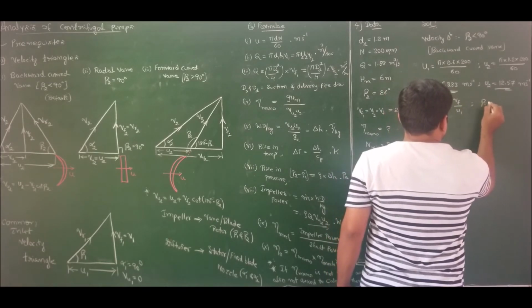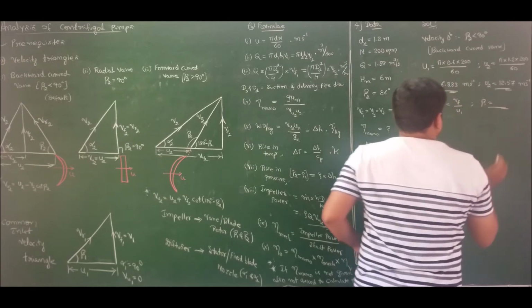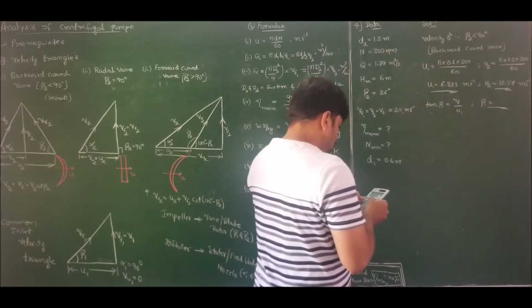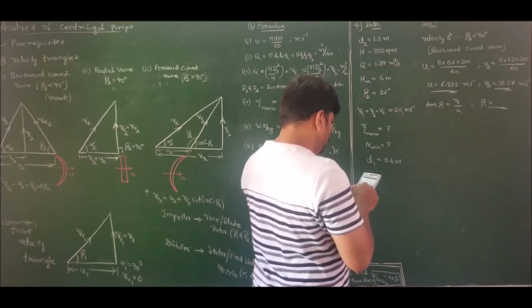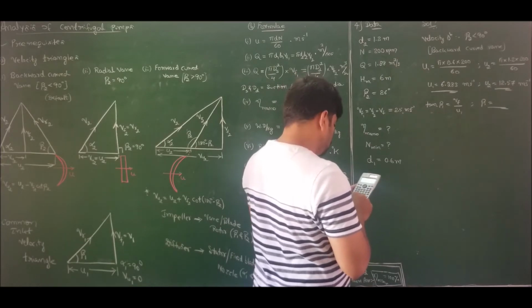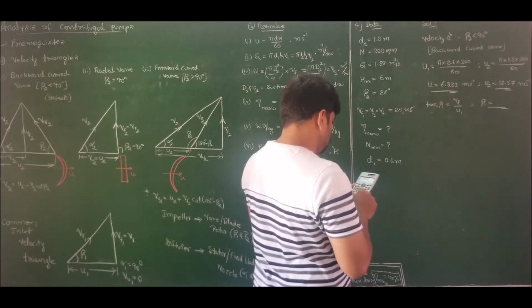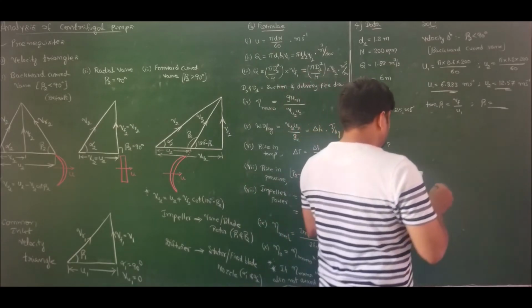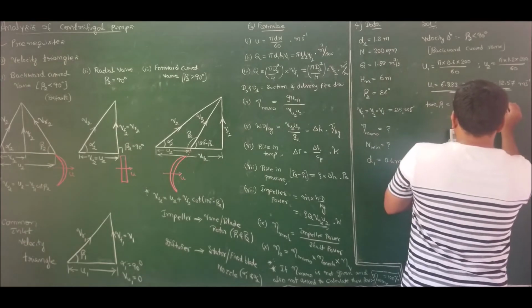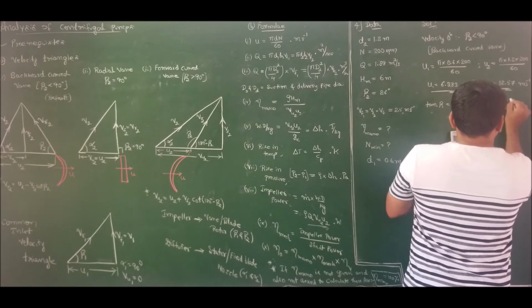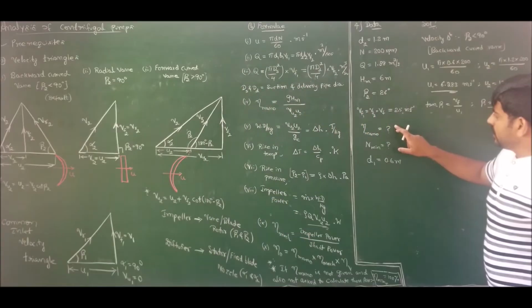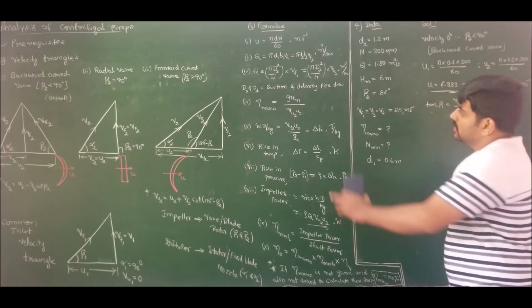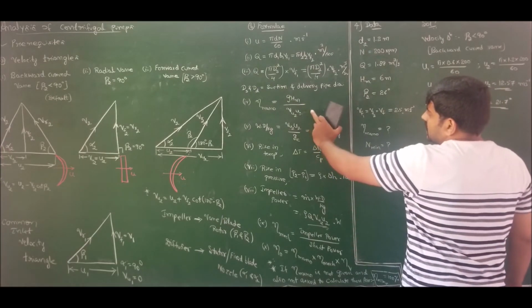So I will get beta 1 as tan inverse of Vf (2.5) divided by U1 (6.283), which is 21.6, let me take it as 21.7 degrees.